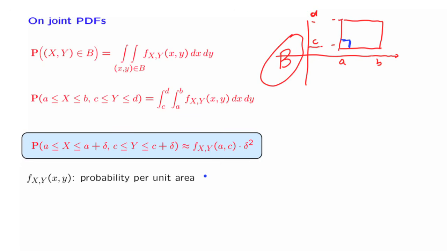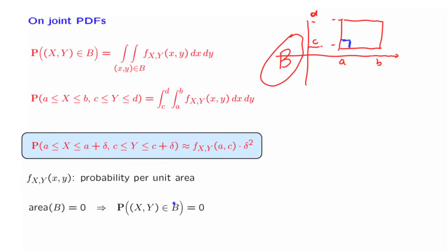And one more important comment. For the case of a single continuous random variable, we know that any single point has zero probability. This is again true for the case of two jointly continuous random variables, but more is true.